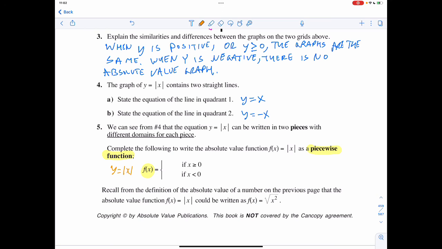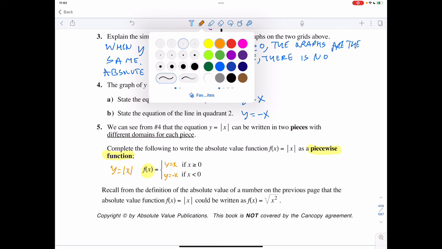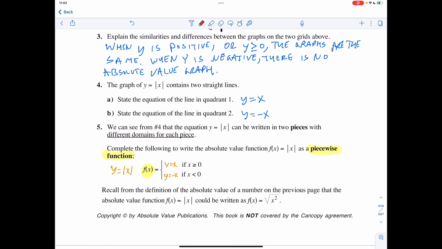And it's going to look like y is equal to x if x is greater than or equal to 0, and y is equal to -x if x is less than 0. All we're doing is we're splitting up using these brackets what my function is into the two pieces, or the two straight lines that make up what it looks like. And we're setting the restrictions, or the domains, for when it looks like those different things.